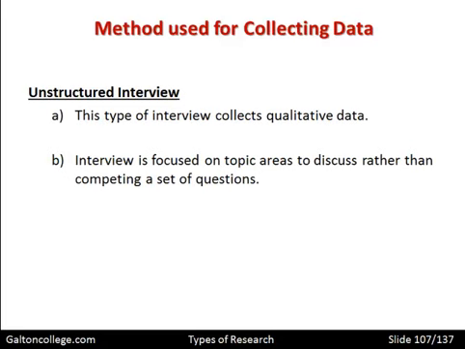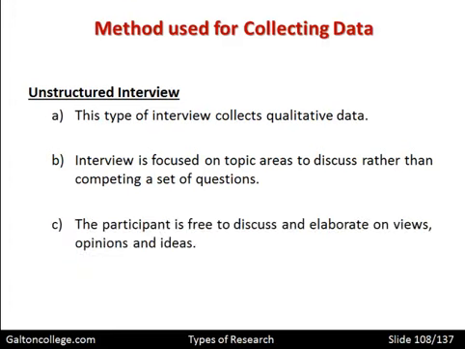focus in on those elements and make some comments about them, but it's not very constraining. The interview is focused on topic areas to discuss rather than completing perhaps a set of questions. So they're just broad areas, and the respondent makes comments about those broad areas. It's unstructured.